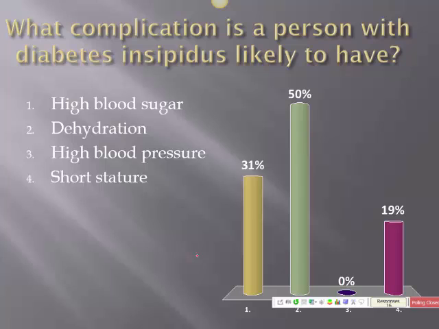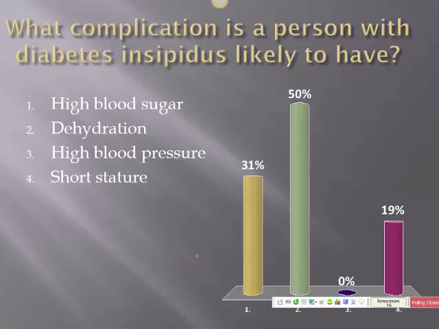See, not high blood sugar. Remember, diabetes insipidus is because of low ADH. ADH only acts on conservation of water, or vasopressin acts to increase blood pressure. So if you have less of it, you're going to pass more urine, so you automatically get dehydrated.